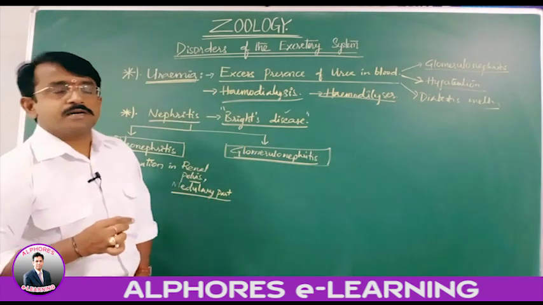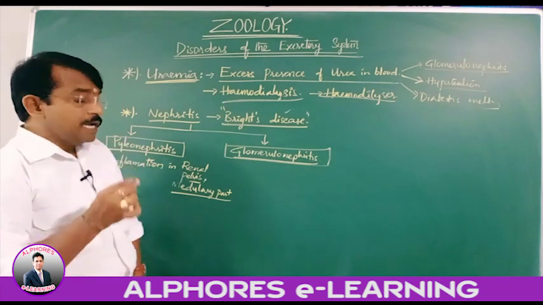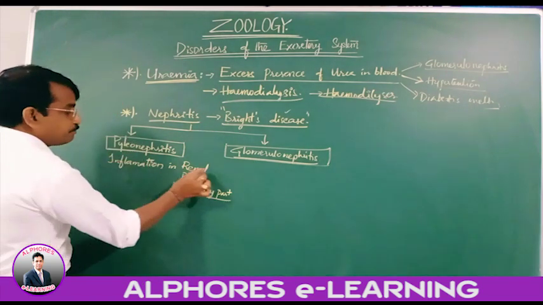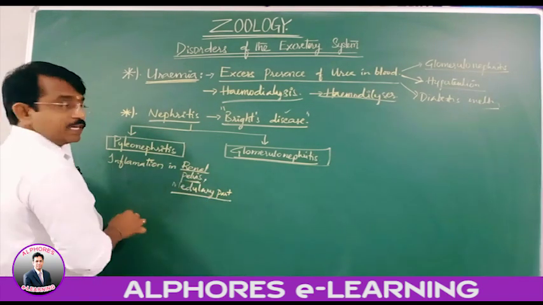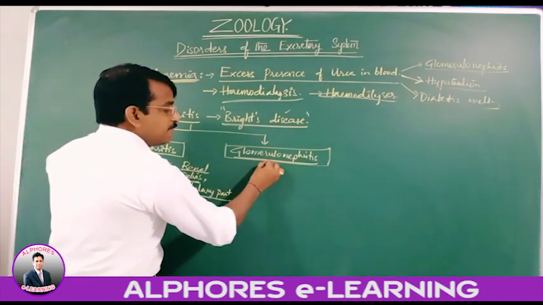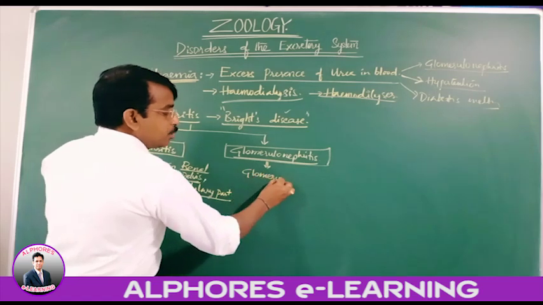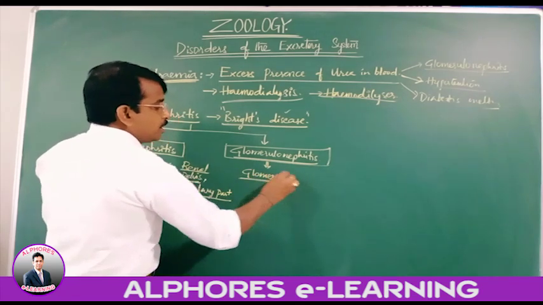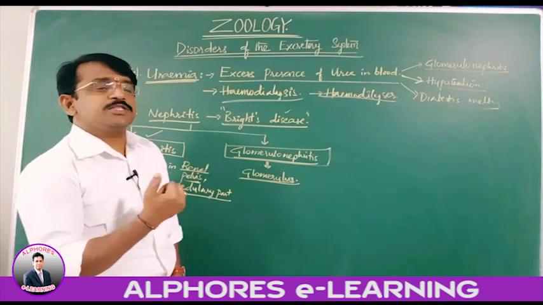Here it is characterized by inflammation, inflammation in the sense of fire. If this inflammation is in the renal pelvis and the medullary part of the kidney, it is named pyelonephritis, whereas inflammation in the glomerulus is referred to as glomerulonephritis. Now the question is, why does it take place?